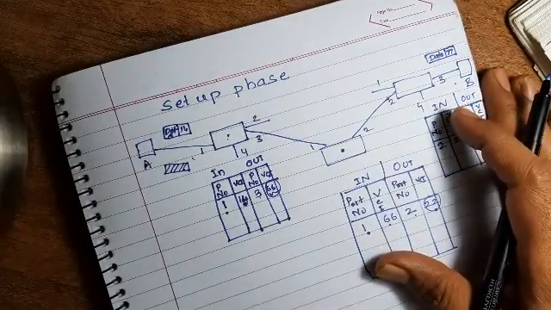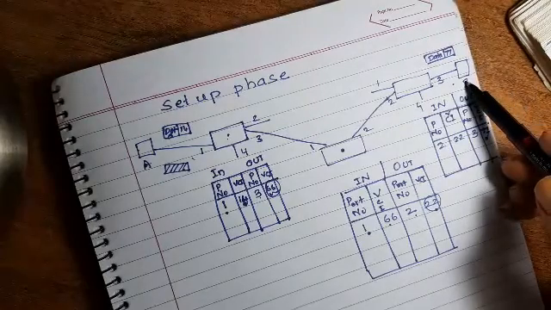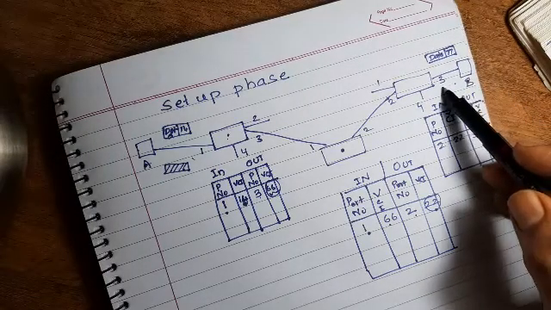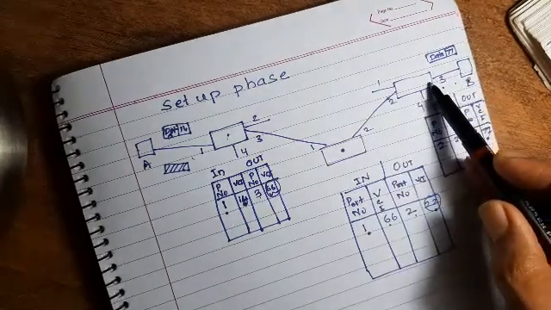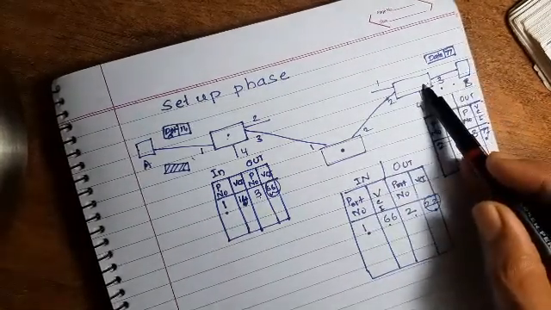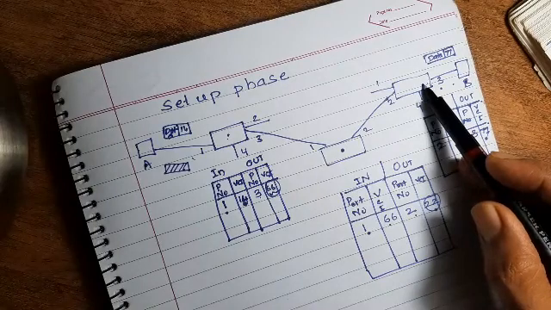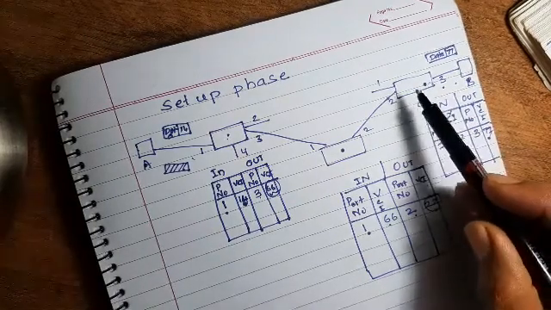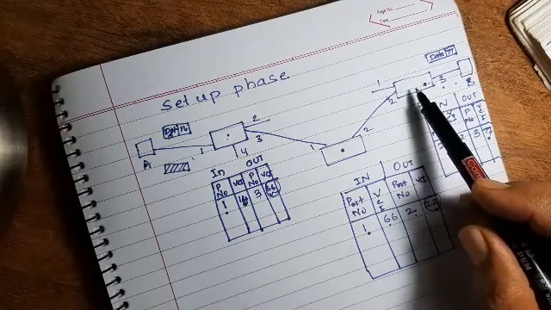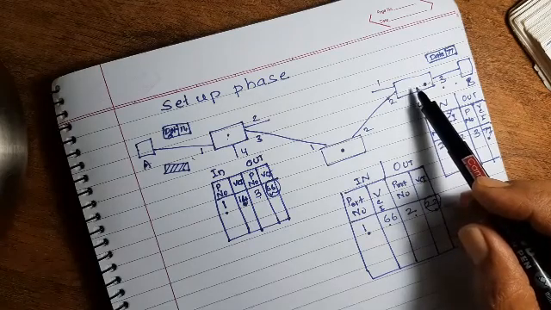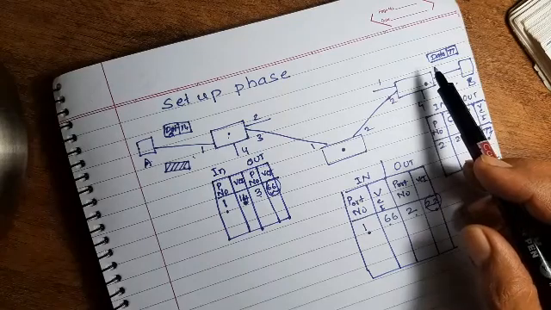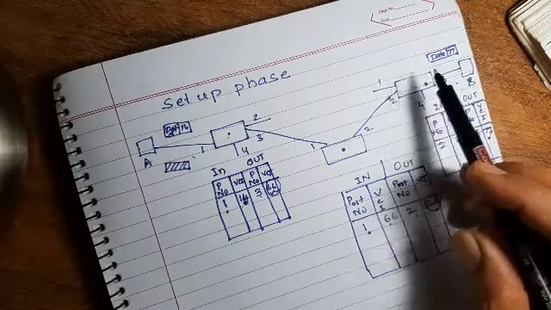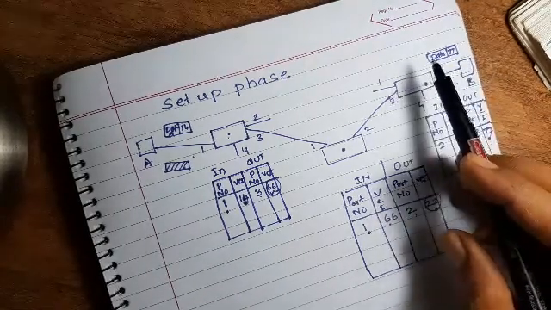During the acknowledgement phase, once the destination gets a setup frame, it sends an acknowledgement. This acknowledgement, first sent by B, will go to switch 3. The acknowledgement frame contains the destination address as well as the source address, so that the switch knows which entry in the table is required to be completed.